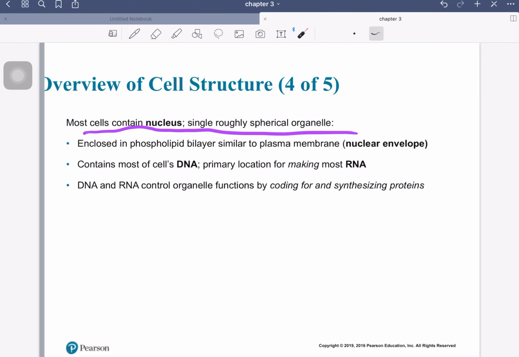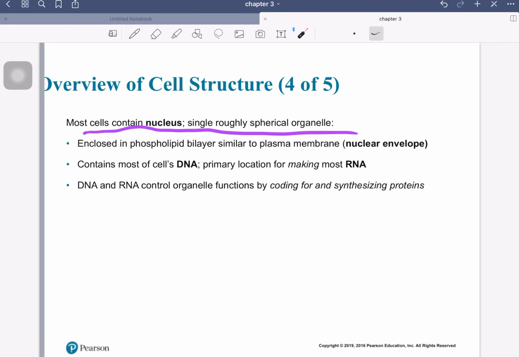It is enclosed by a phospholipid bilayer, very similar to what we'll talk about when we talk about the plasma membrane, and we call it the nuclear envelope. This is where it contains most of the cell's DNA. And it's a primary location for making most of the RNA. And of course, DNA and RNA have a really big role in controlling organelle functions.